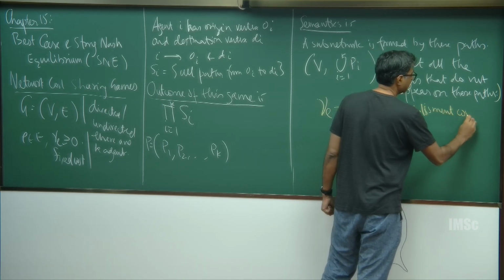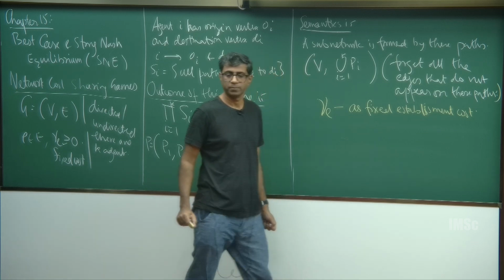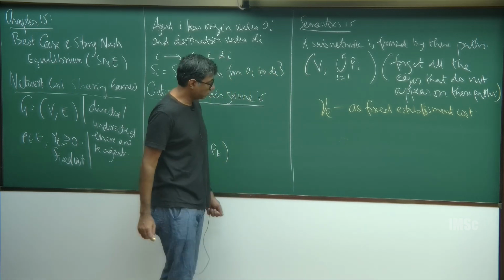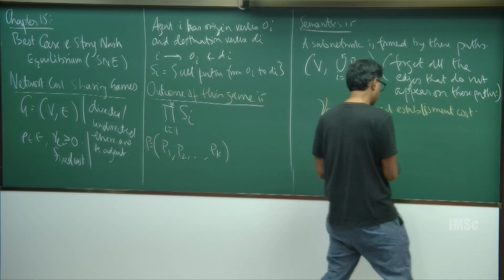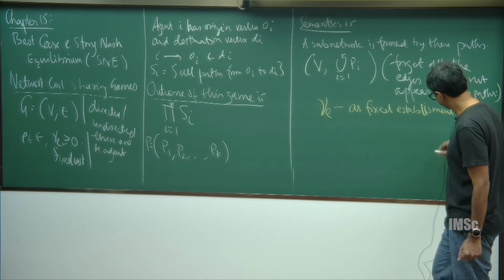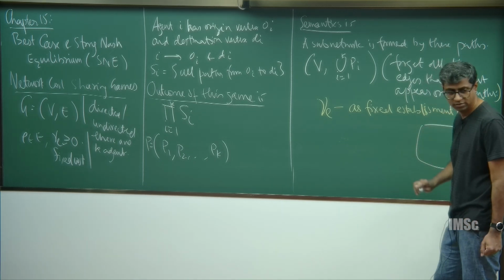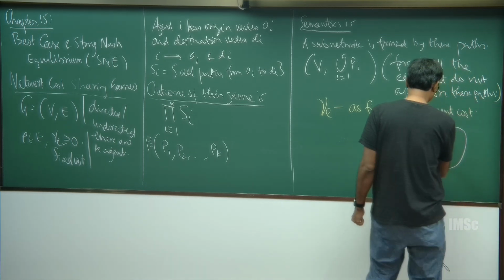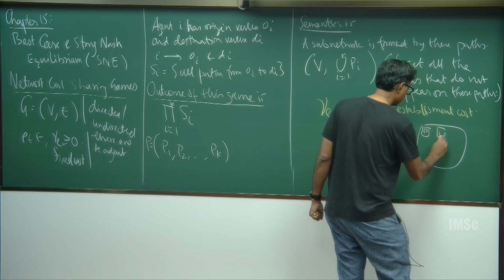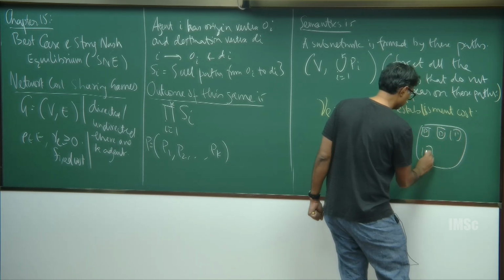What do I mean by a fixed establishment cost? Suppose, and I think this is a very good example, that a community is formed here, a set of houses.